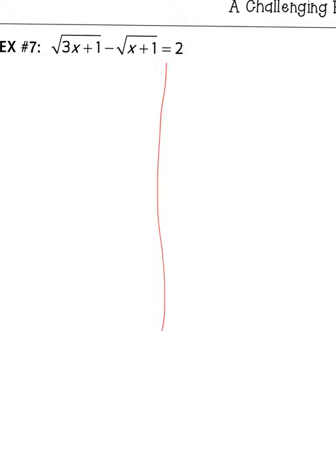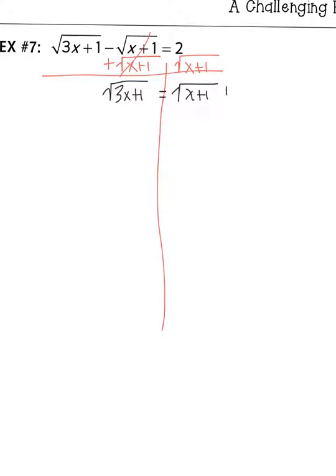So I'm going to put 1 radical on one side and 1 radical on the other side. So I end up with the square root of 3x plus 1 equals the square root of x plus 1 plus 2. Because my index is 2, I'm going to square this side, and I'm going to square all of this.